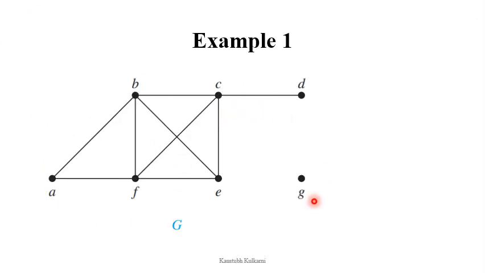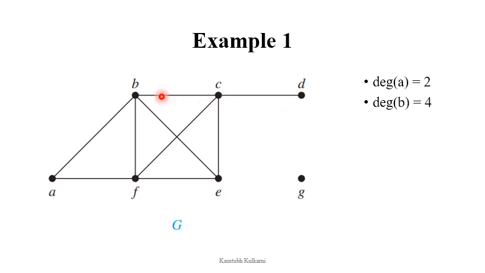Now let's try to calculate the degrees for all the vertices in this graph. Let's say for vertex A, there are two edges, AB and AF. So the degree will be 2. For vertex B, there are edges BA, BF, BE and BC. So the degree should be 4.